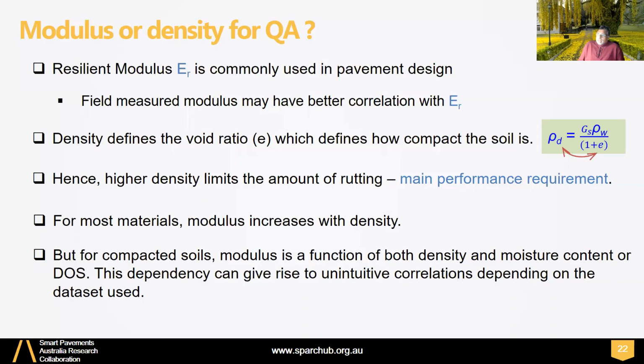Has any research been undertaken on how concrete waste can be used for Australian road pavement? Yes, our SPARC Hub member at Swinburne University has undertaken quite a lot of research.